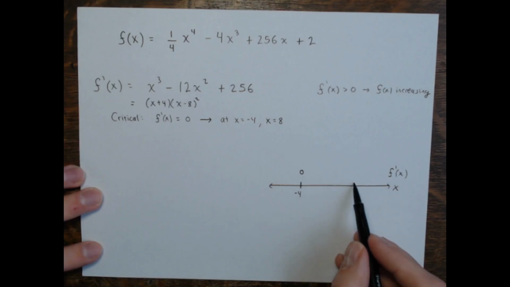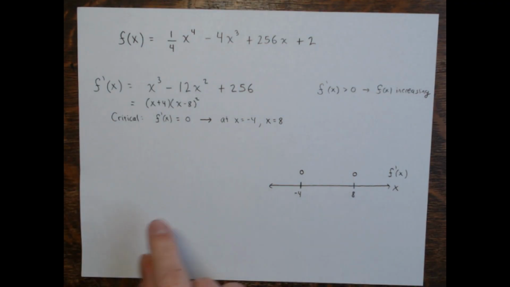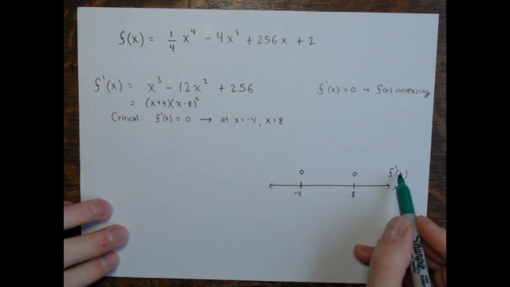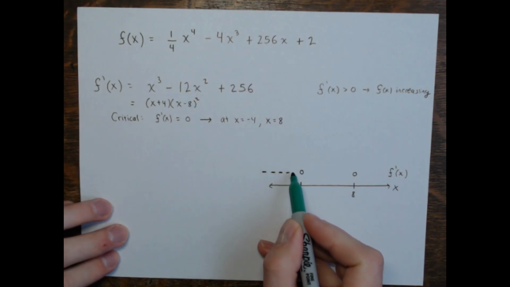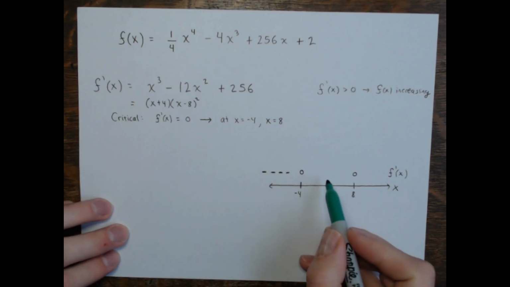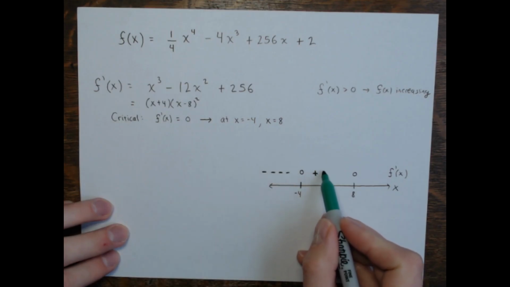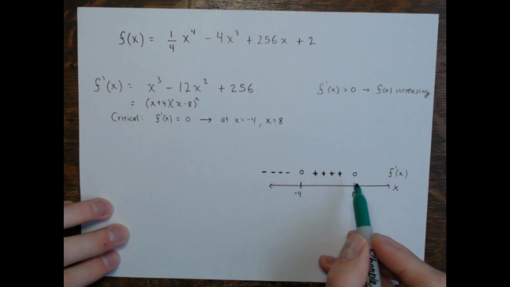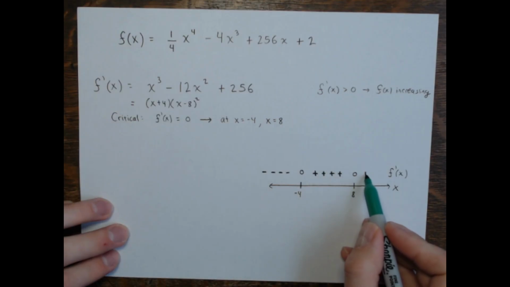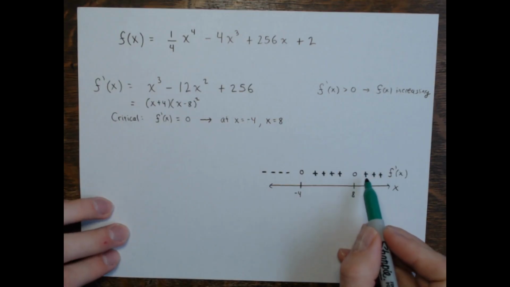Also at 8, the value of f prime is 0. And then if you were to plug in values around these, or look back at that graph we just looked at, the derivative has negative values to the left of -4, positive values between -4 and 8, and also positive values to the right of 8.